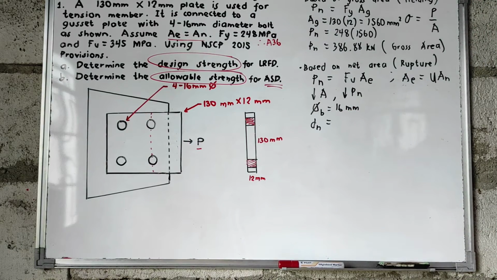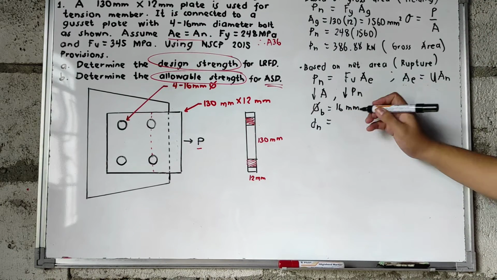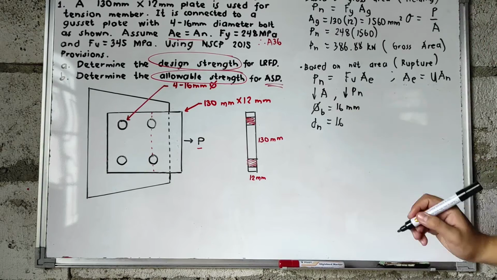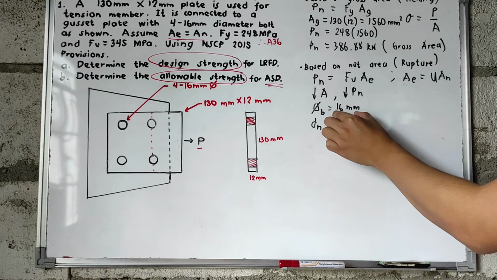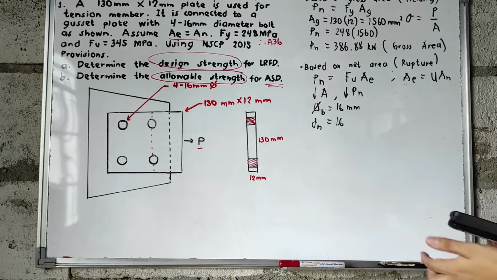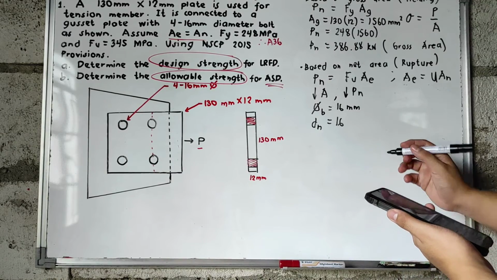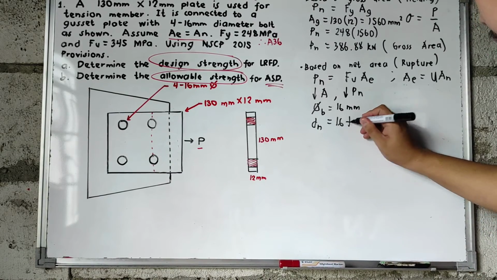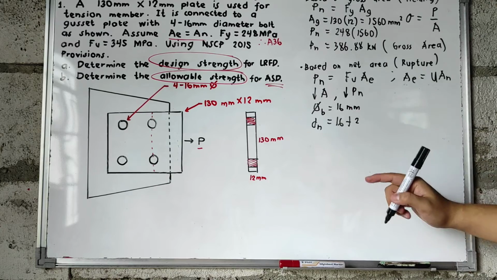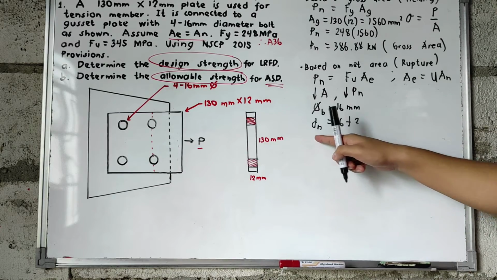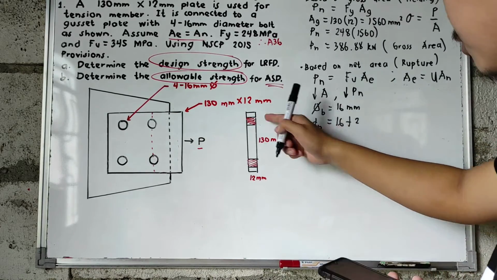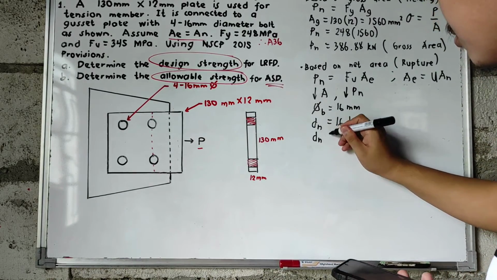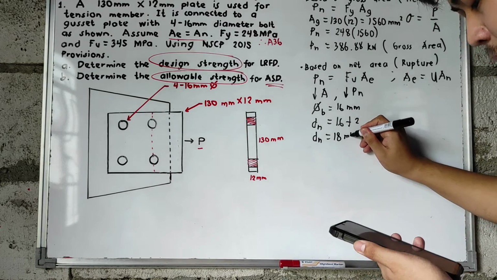So yung nominal hole dimension natin, meron tayong allowance na 2 mm based sa NSCP 2015. So mangyayari meron tayong diameter bolt ng 16 mm, so maglalagay tayo dito ng allowance na 2 mm. So mangyayari yung nominal hole diameter natin o yung butas natin, that is equal to 18 mm.